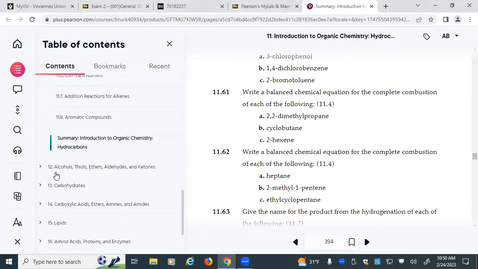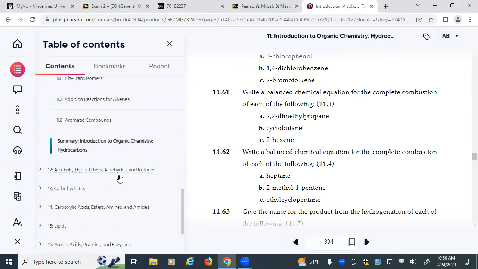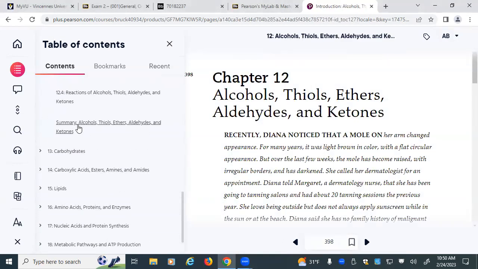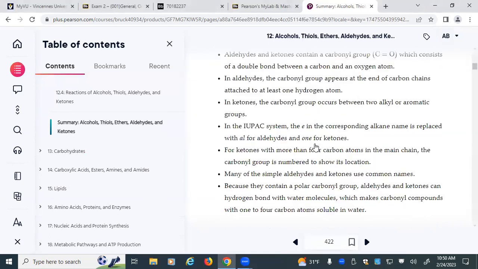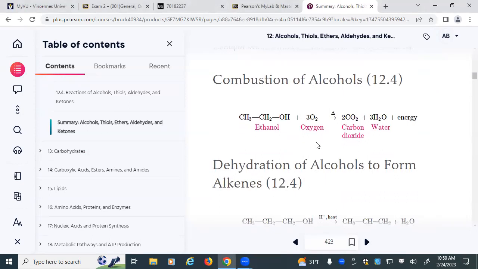In chapter 12, the reactions that we get into have a similar kind of feel to them.